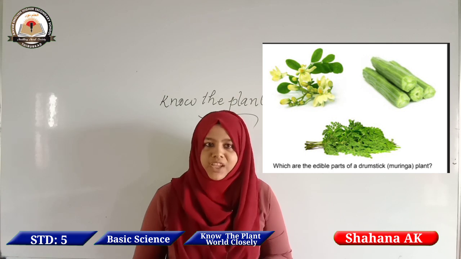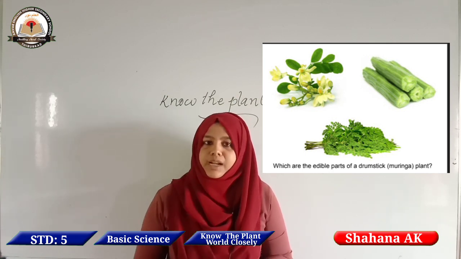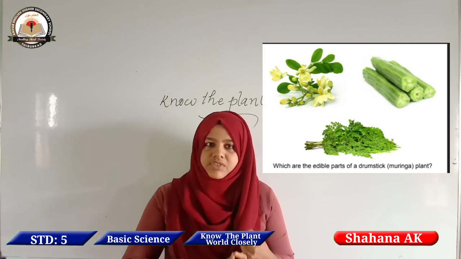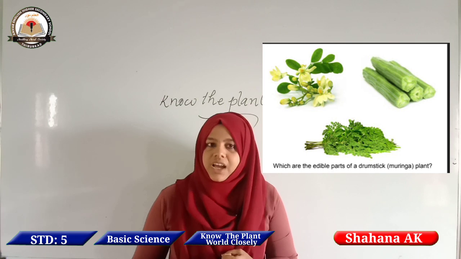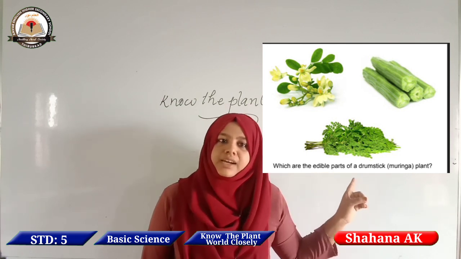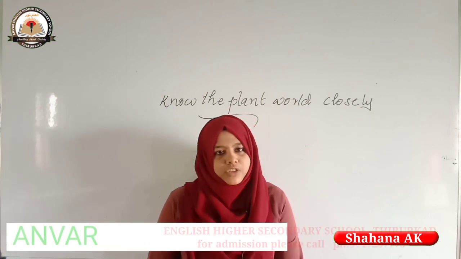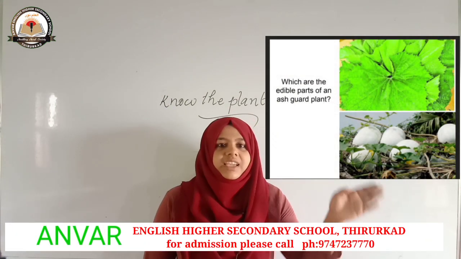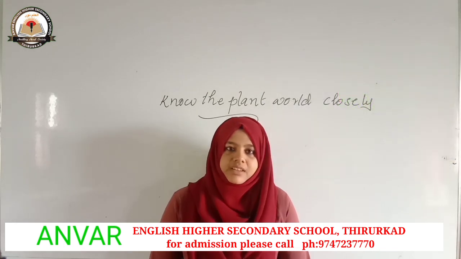Drumstick means moringa. Which are the parts that we are having in the drumstick plant? Drumstick, drumstick leaves, drumstick flowers, etc. These are the edible parts in drumstick plants. What about the ash gourd plant? These are the edible parts in ash gourd plants.